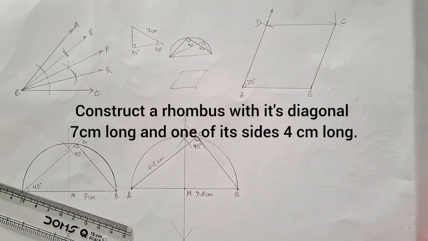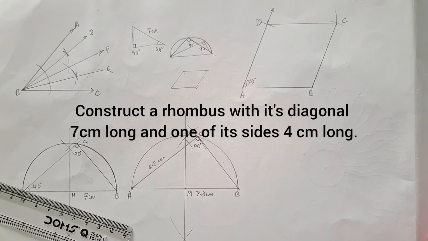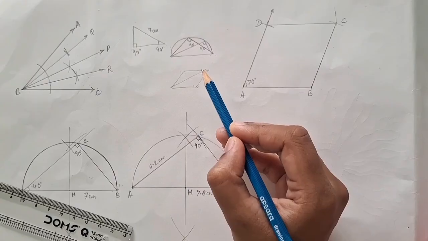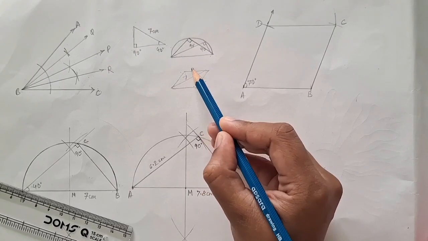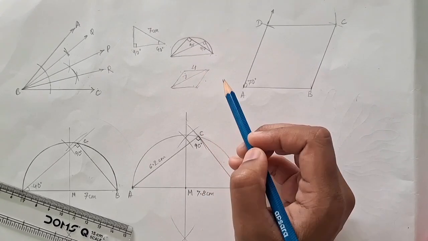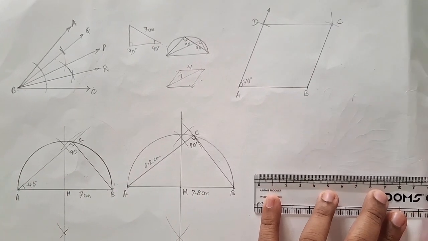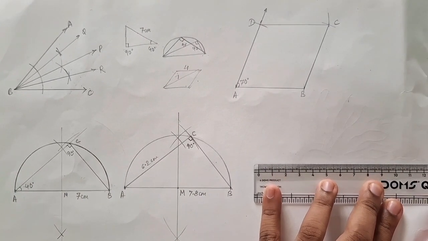Next question: construct a rhombus with its diagonal 7 centimeter long and one of its sides 4 centimeter long. So they have given us the diagonal as 7 and one of the sides being 4. I will take the diagonal of the rhombus as base in this construction.